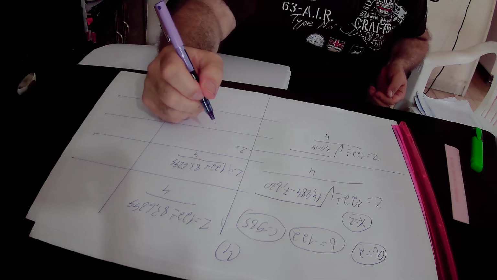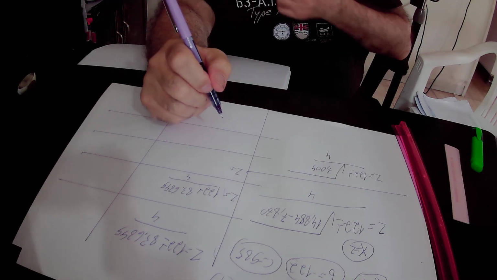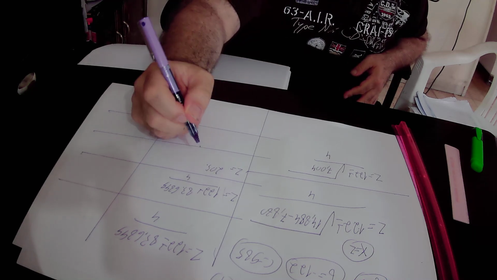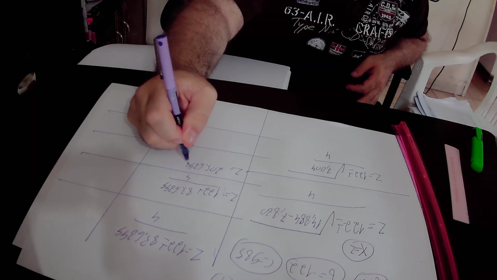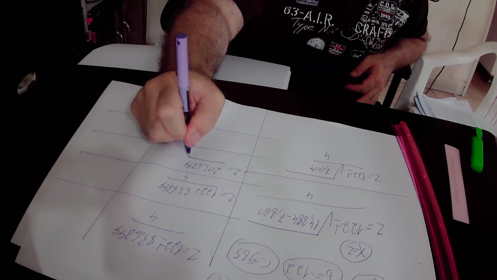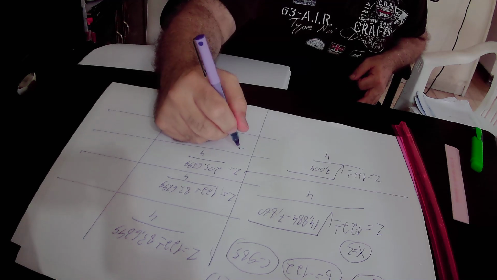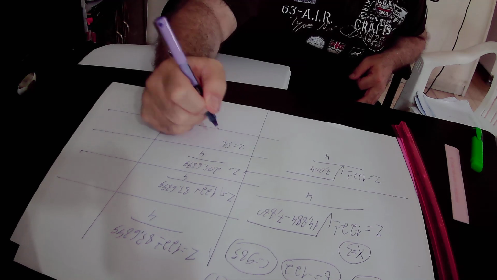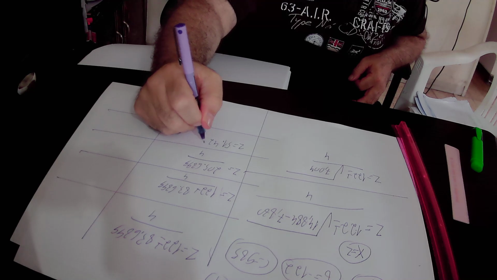And 122 plus 83.6899 is 205.6899, and if we divide it by 4, we get that z equals 51.4224.